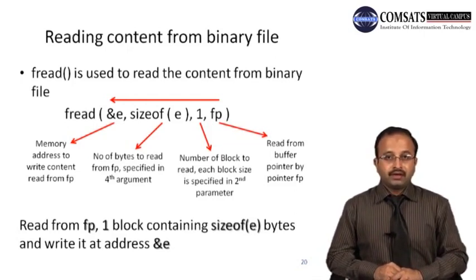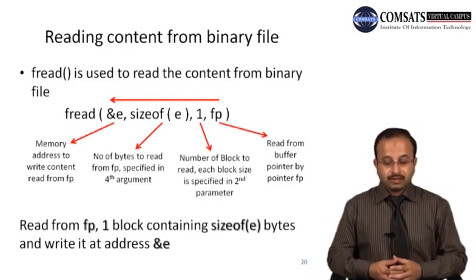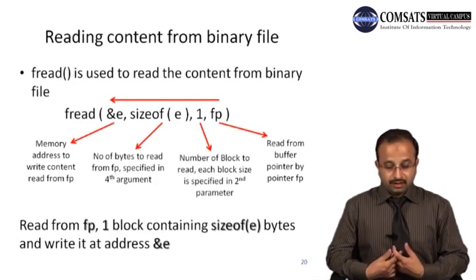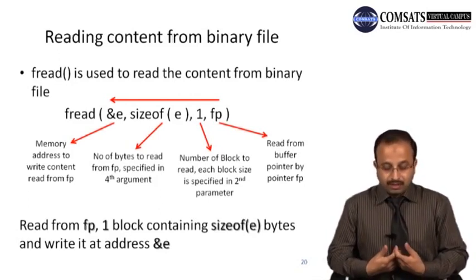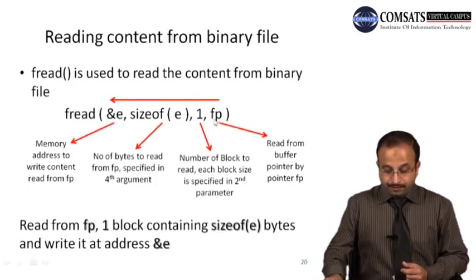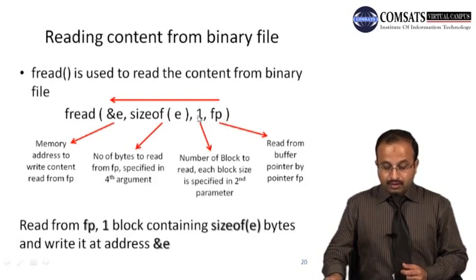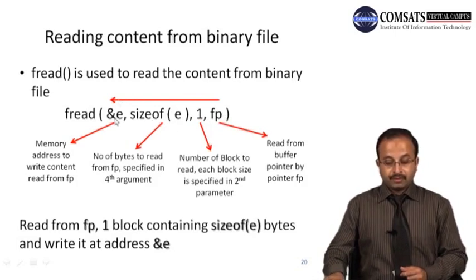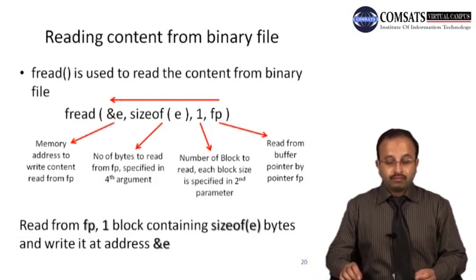Whenever you have to read the file, you read from fp and write it in some variable's address. सारे function इसी तरह से काम करते हैं, ठीक है. So fgetc returns a character and you store that character in some variable. So this is how the fread function works.